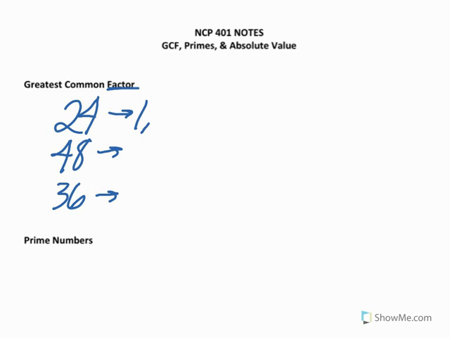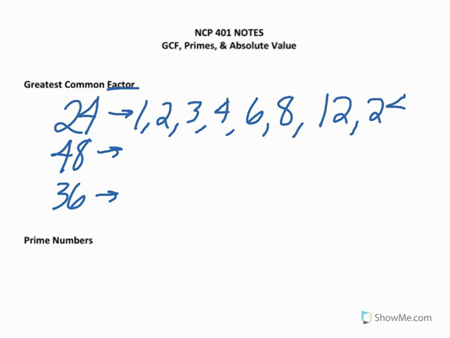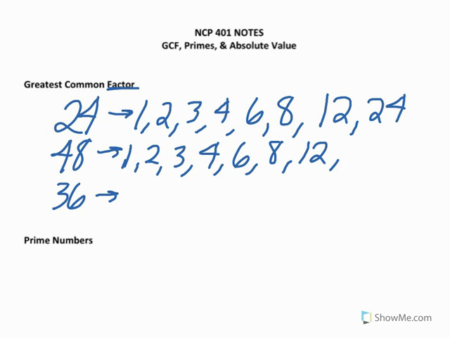The factors of 24 are 1, 2, 3, 4, 6, 8, 12, and 24. The factors of 48 are 1, 2, 3, 4, 6, 8, 12, 24, and 48.